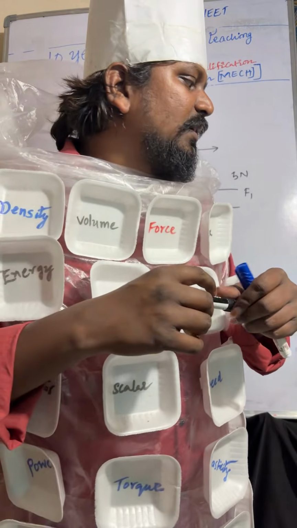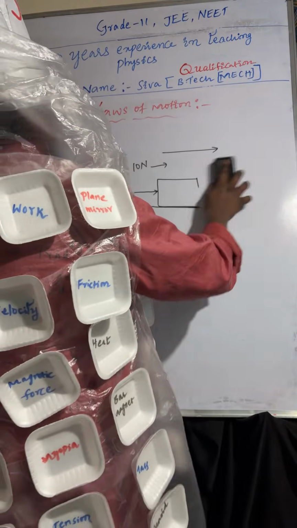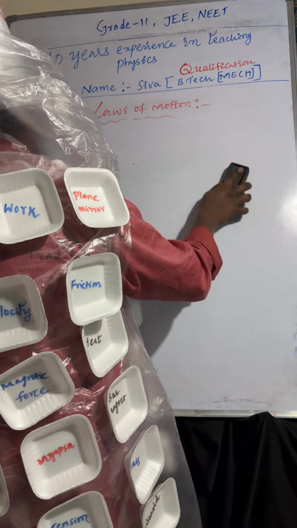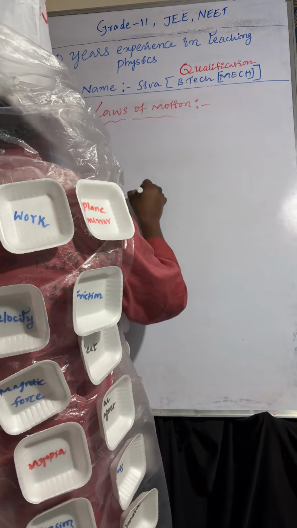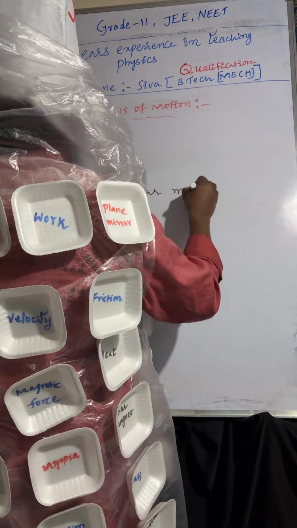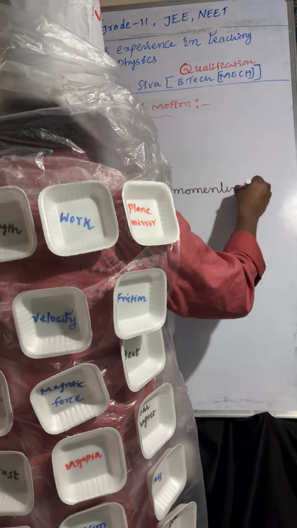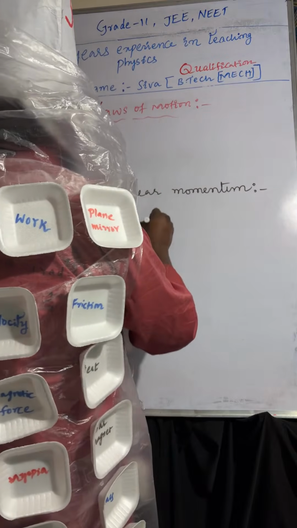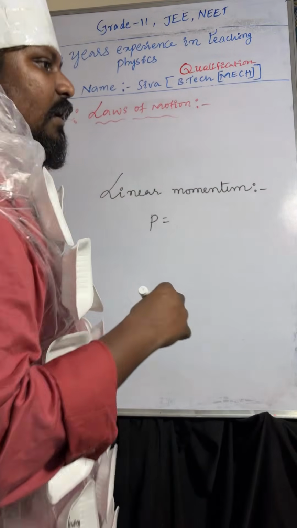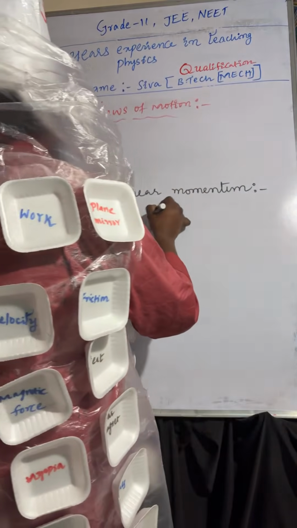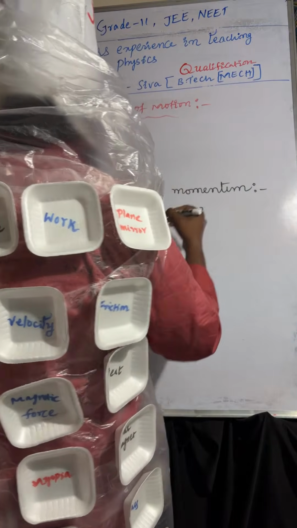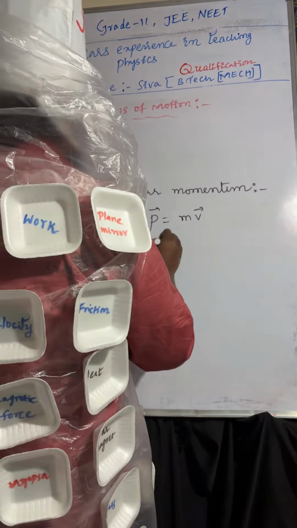And coming to linear momentum. Linear momentum is denoted with the letter P. It is a vector quantity. P bar equal to mass into velocity, m into v bar, so P equal to mv.